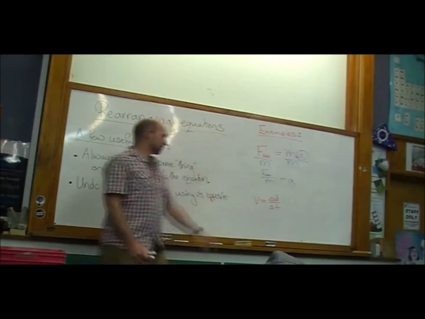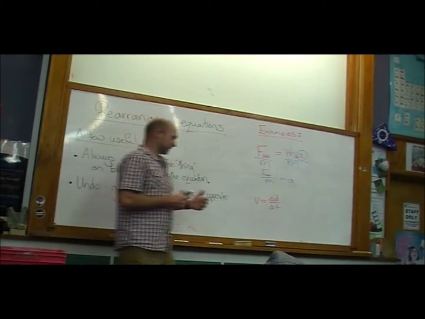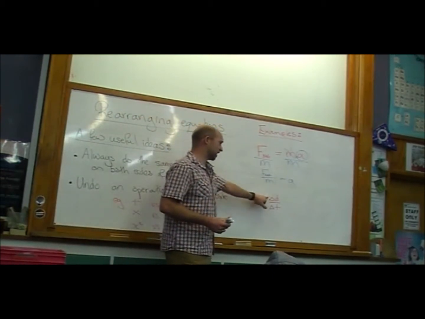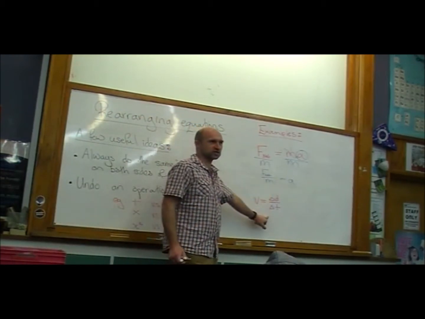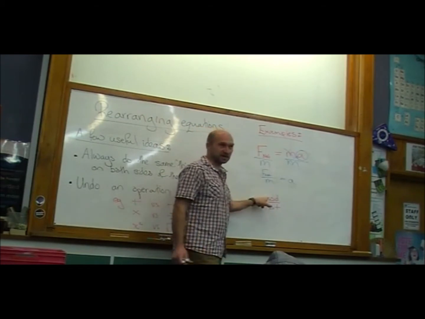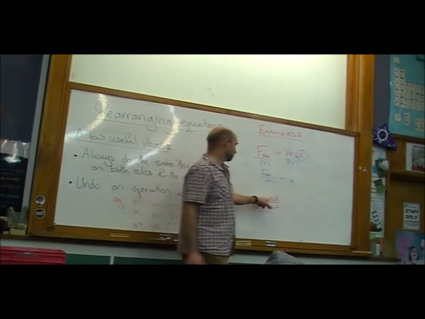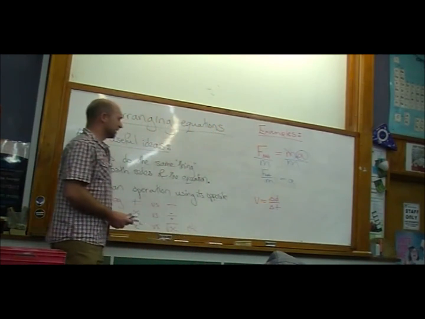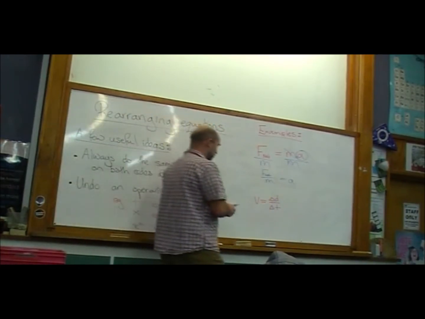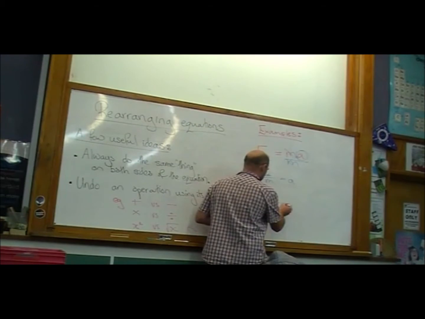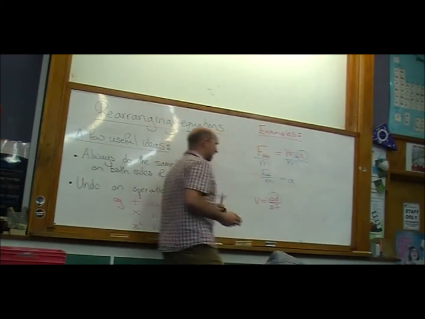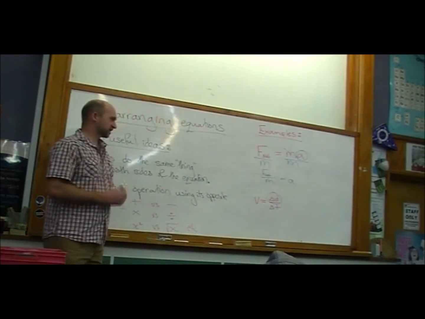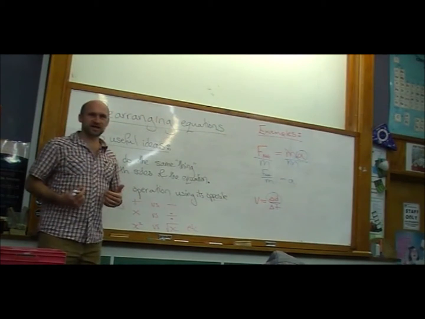So then we get down to speed is change in distance over change in time, and we use the little delta, the little triangle. That means change in velocity is change in distance over change in time. And say we're trying to rearrange that to make it equal to distance. How's the distance connected to the time?